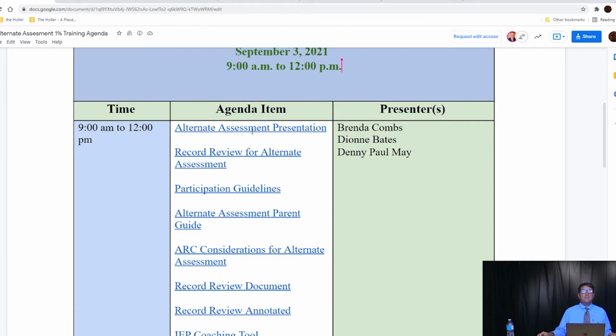We have the alternate assessment parent guide. All of these tools are going to be necessary. We also have our own KVEC record review annotated document that's going to give you some information about documenting your decisions for alternate assessment. We also have our IEP coaching tool, which is a companion document to the KDE IEP guidance document.